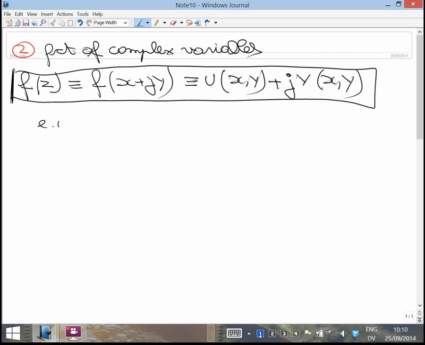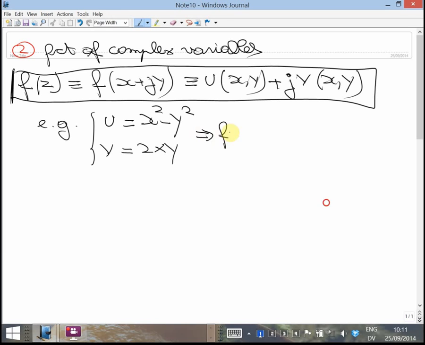So for example, if you have a function u of x and y, which is x squared minus y squared, and v is 2xy, so this would be one way to define a complex function, just by defining this u and v as a function of x and y.